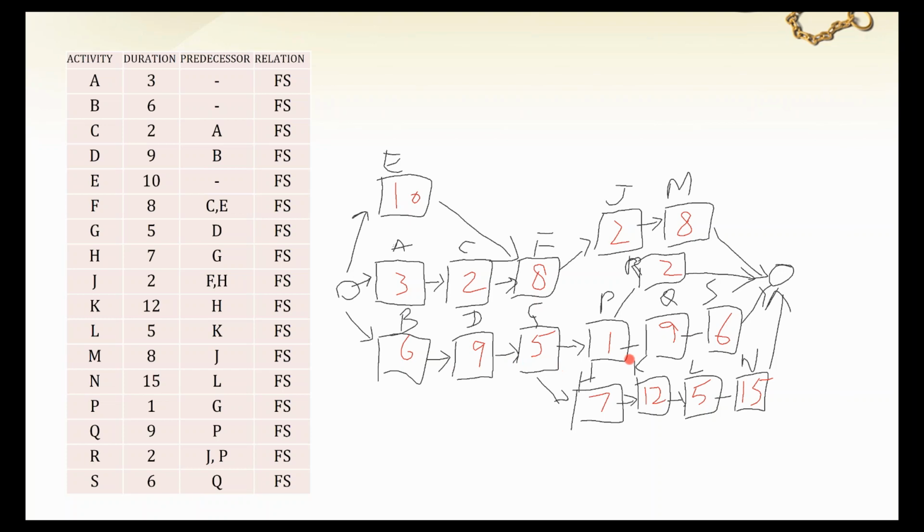And B, D, G, P, Q, S is 36. B, D, G, P, Q, S: 10, 16, 21, 36. Right, is it 36?